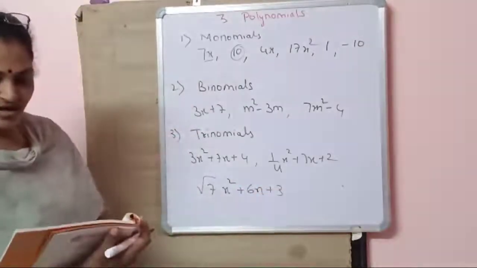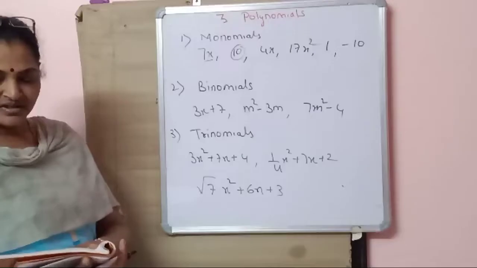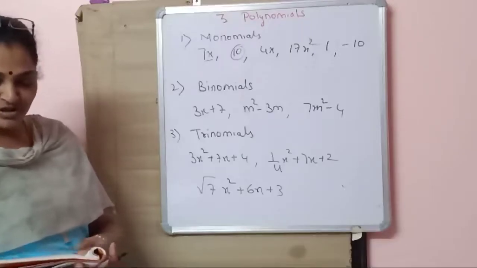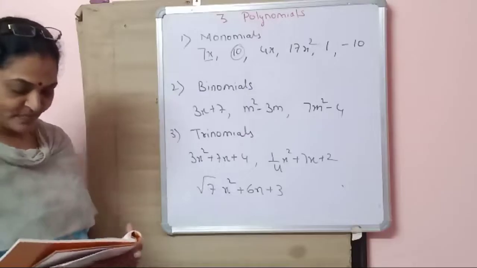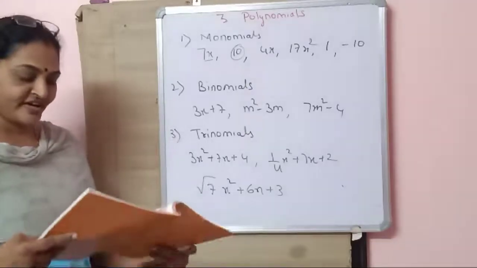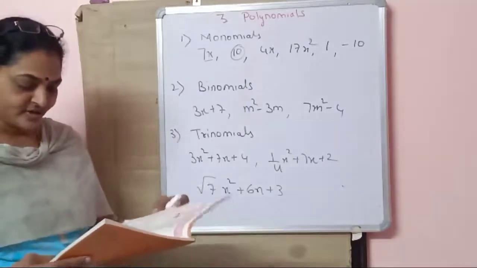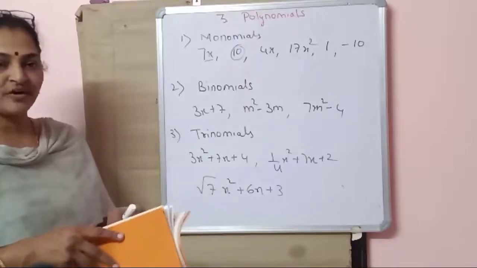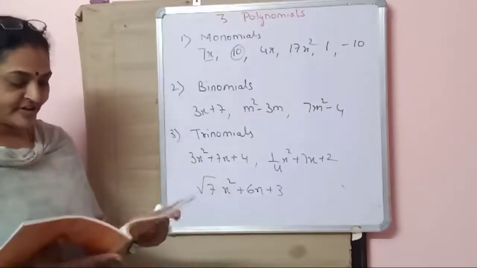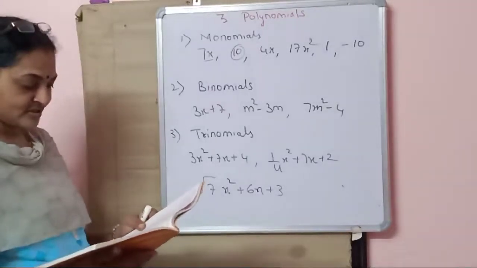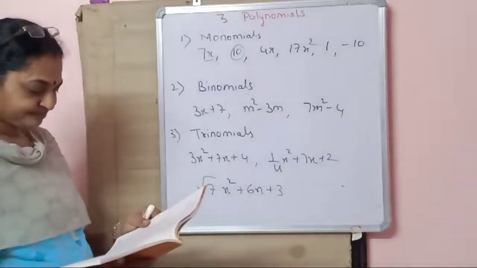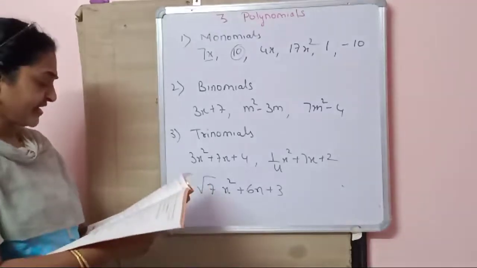So there are three terms. Therefore, these expressions are called trinomials. Okay? So we have studied degree, and also the types, whether it is a binomial, a trinomial or a monomial expression.